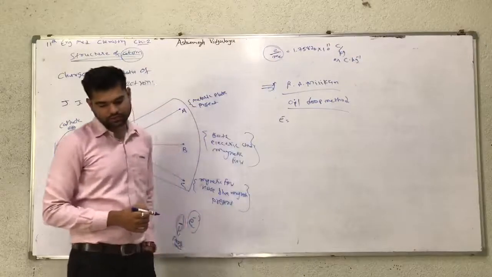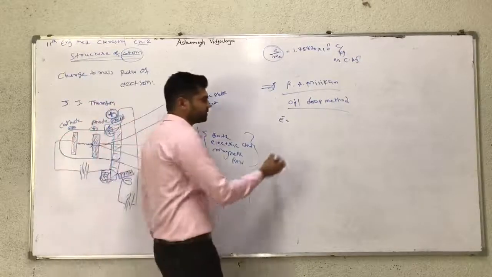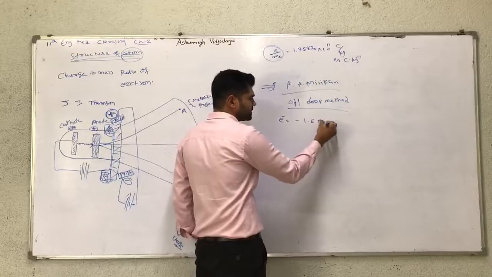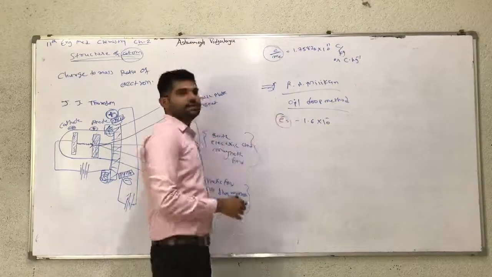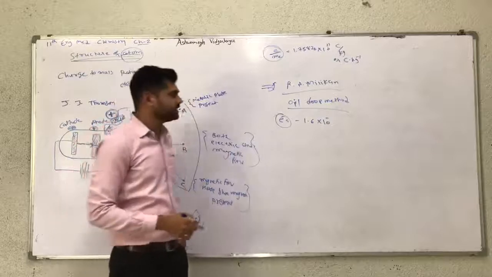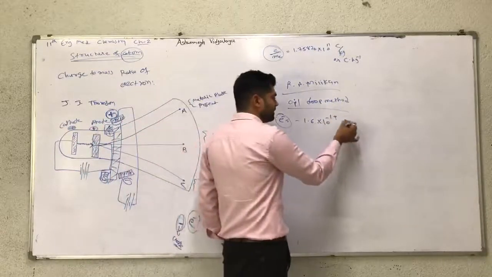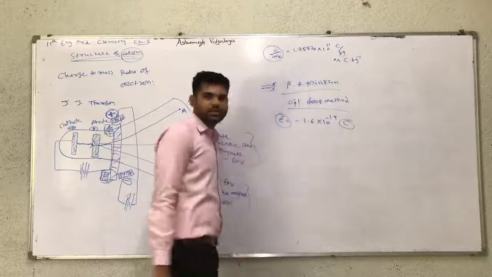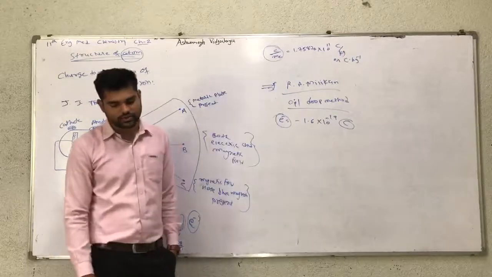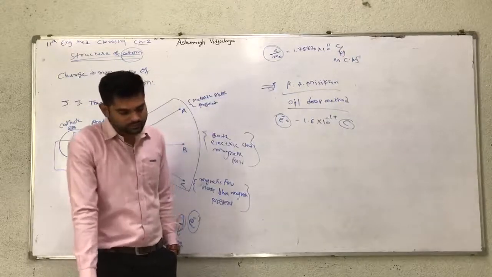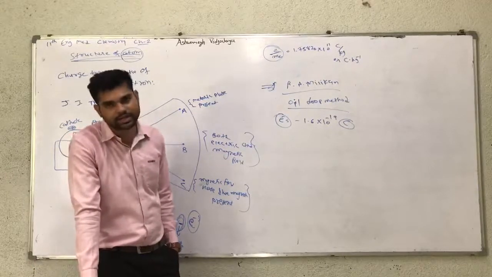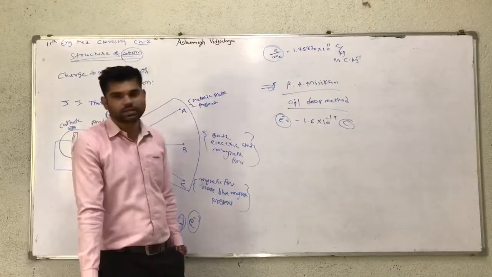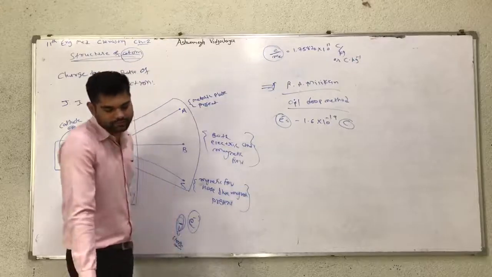The value of charge of electron is minus 1.6 into 10 raised to minus 19 coulomb. C is the unit of charge. Minus represents negative charge.